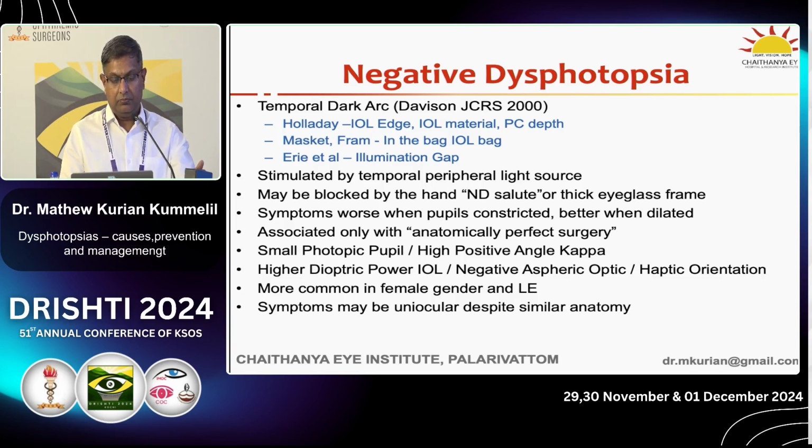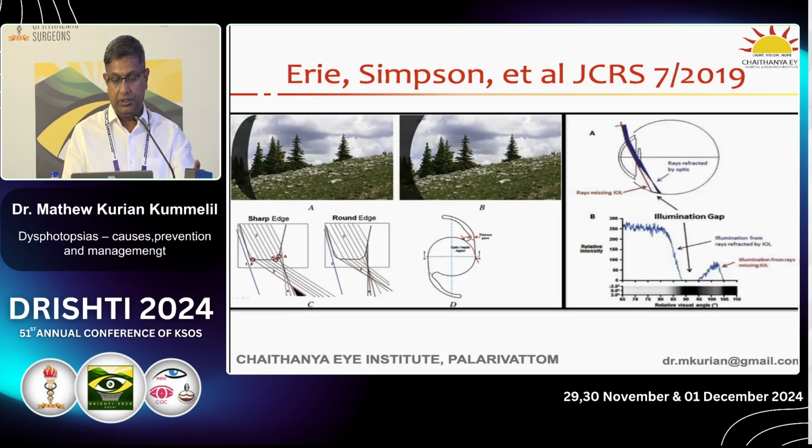Symptoms become worse when the pupils are constricted and better when the pupil is dilated. This is again associated with a perfect surgery, and some of the issues that Minu is talking about, the angle kappa, are possibly associated with this one.